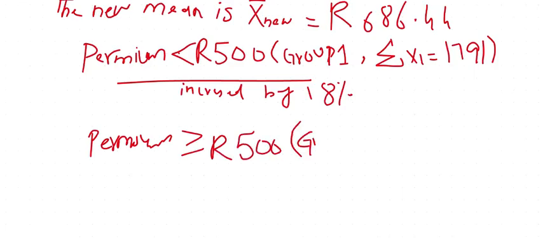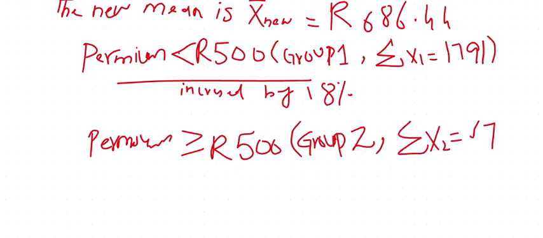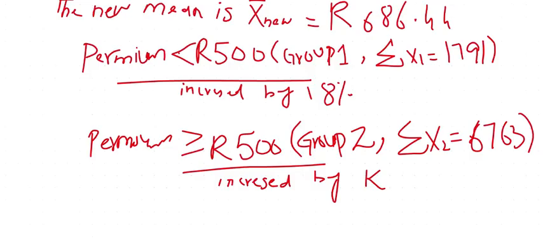So we have summation x2 equals 6763. All right. And this is increased by K%.